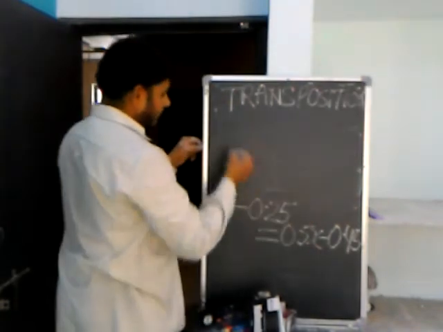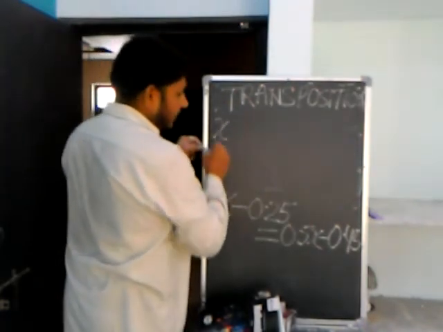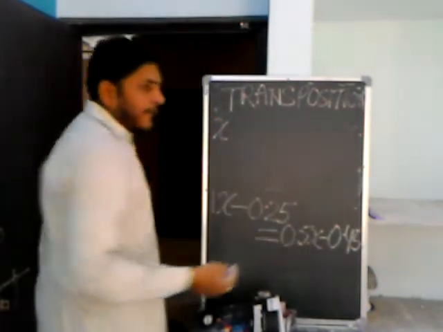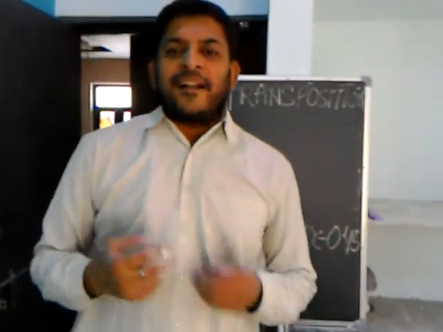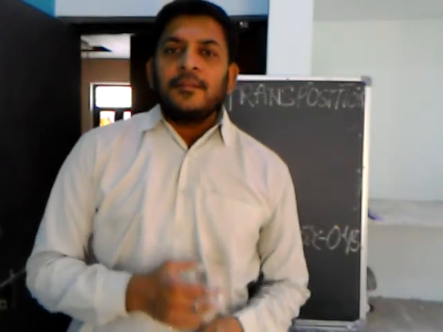Here 0.5x is a positive integer, and when we do transposition we change sign.